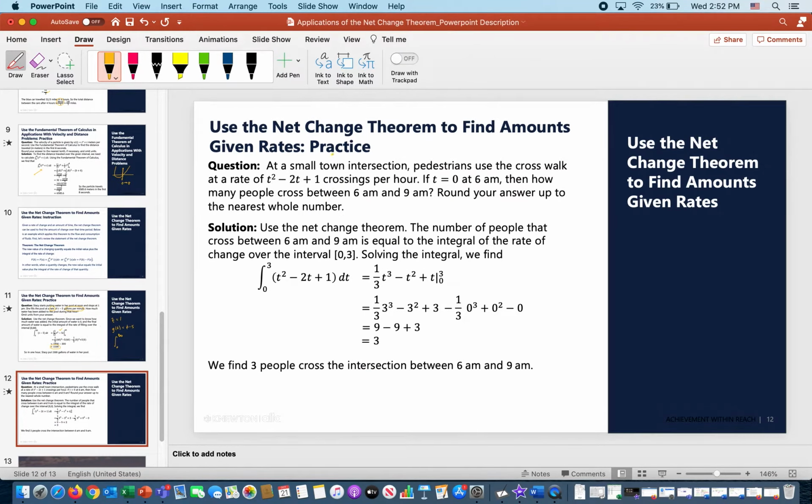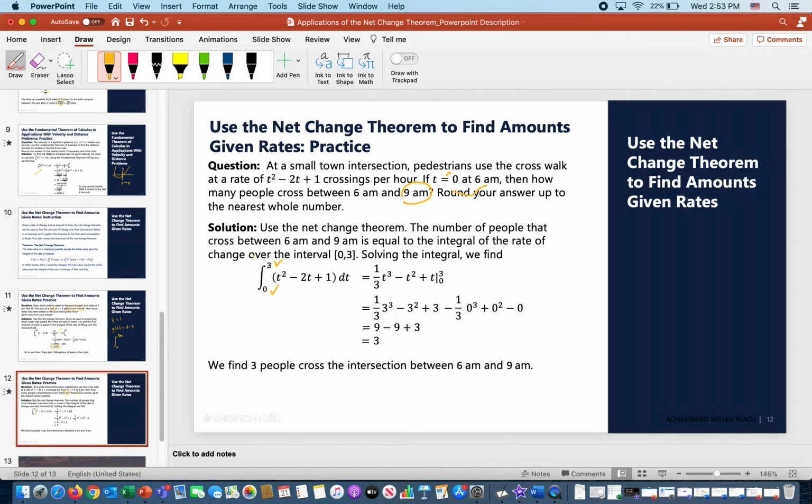At a small town intersection, pedestrians use a crosswalk at this rate per hour. If T equals 0 at 6 a.m., how many people cross between 6 and 9? So if T is 0 at 6 a.m., then 9 would be 3 hours. So it may be a little confusing with where they got 0 and 3.